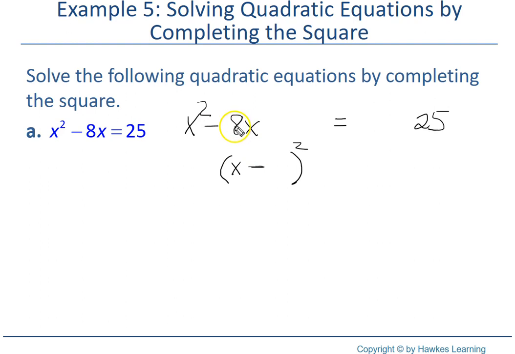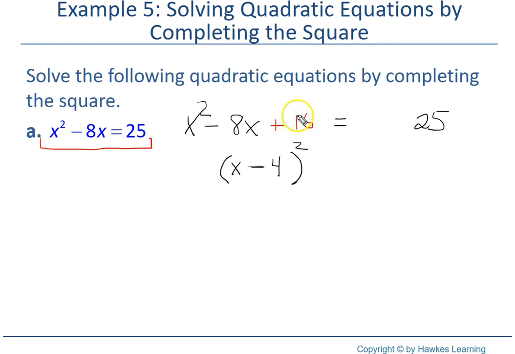Well, half of 8 is going to be 4. Now I'm going to change colors, because now we want our c term. So we square -4 and get a positive 16. Now, so far, before I put the 16 there, this was an equation.